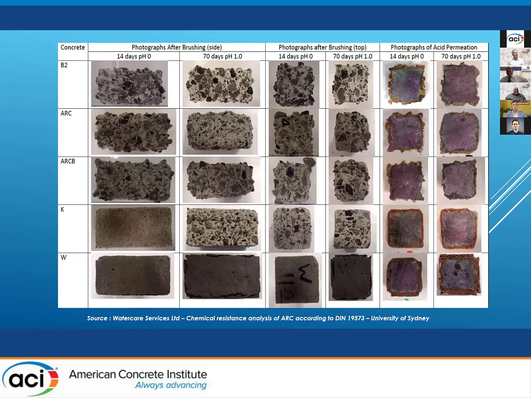But visually, the most interesting way of looking at this particular study, which was done at the University of Sydney, is this B1 at the top of this slide. So it's looking at different levels of acid, so pH 0, pH 1, and looking at it being brushed off and looking at the cross section.